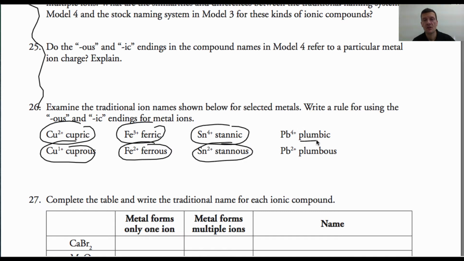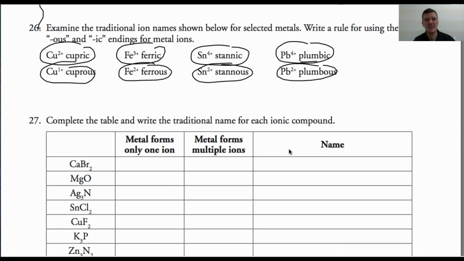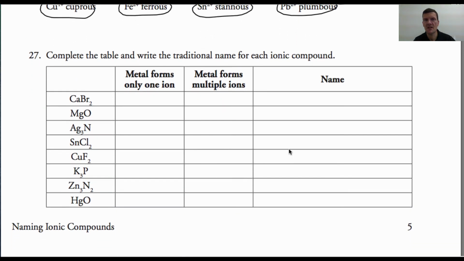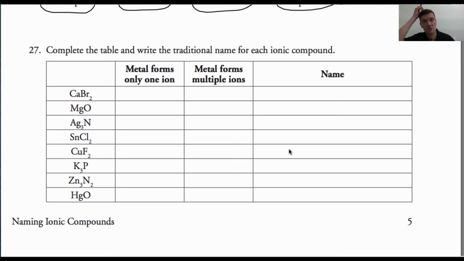Plum, that's for your lead, again based upon the Latin roots here. So lead 4 is your plumbic, and then plumbous is for the lead 2. Okay, so a little bit different ending. I don't think it's going to be quite as common now that we're using the Roman numeral system.